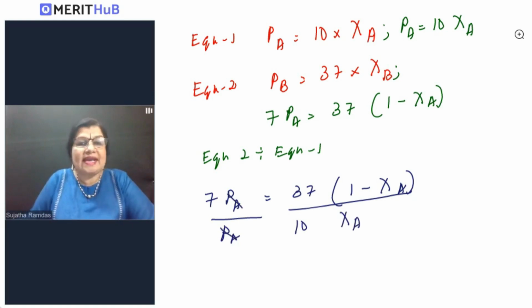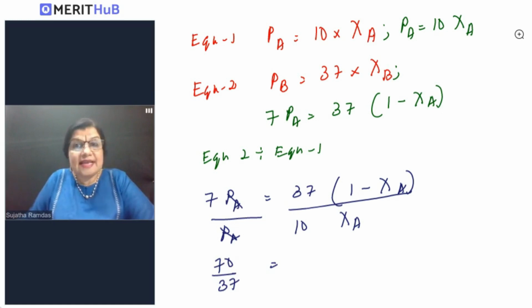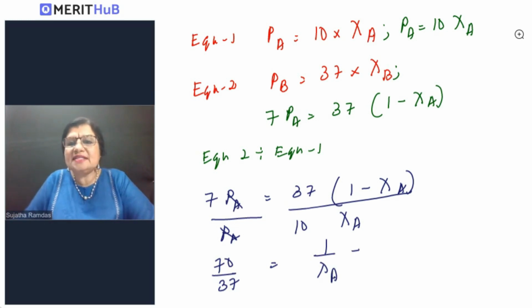We know that PA gets cancelled. So when I cross multiply, I get 70 by 37, I brought this 10 up here, is equal to, now what does this look like to you? 1 by mole fraction of A minus mole fraction of A divided by mole fraction of A. I'm separating this, expanding it. So mole fraction of A by mole fraction of A will be 1.